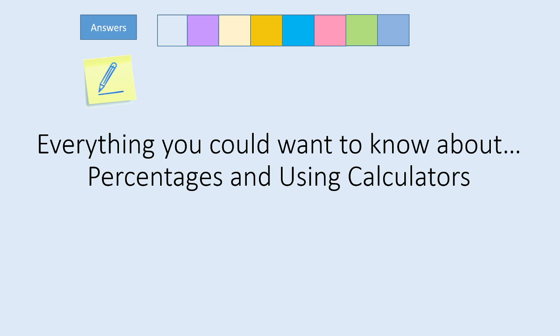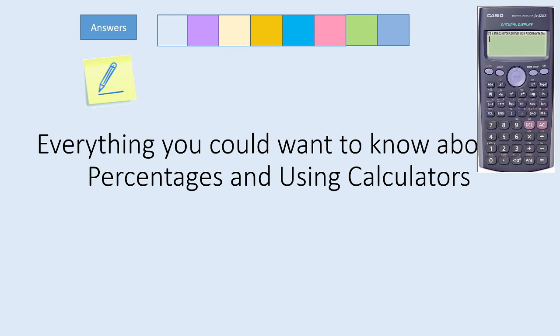I've spent a lot of time thinking about how I'm going to do this, and I think I'm going to do it by looking at even the most straightforward of questions, but looking at the most efficient way of doing particular questions. We're going to look at using our calculators, and I've got my trusty little on-screen calculator here as well.